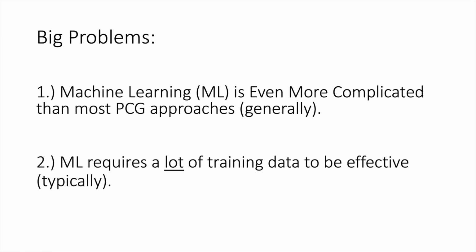And second, machine learning tends to require a lot of training data to be effective. We're talking not just thousands of instances, but millions of instances. Even the most successful video game franchise of all time, Super Mario Brothers, only has, maybe, if we're lucky, let's just say 100 levels per game.